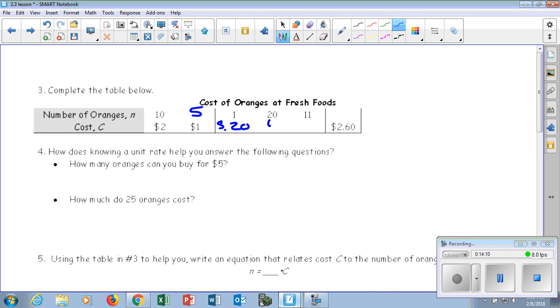Four. How did you get that? Multiply 20 cents by 20. Yeah, exactly. 20 cents, which equals 0.2, you can multiply that by 20 to get 4.